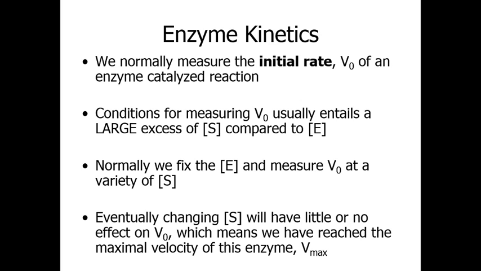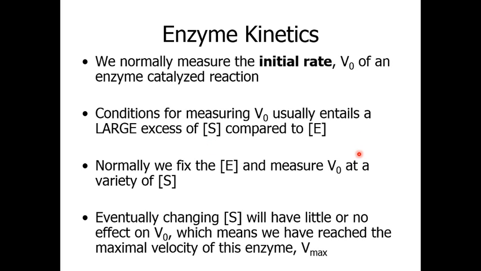All right. Now, when you perform an enzymatic reaction, when you use an enzyme and a substrate, how would you perform this reaction? And for this, we normally measure the initial rate of the reaction. The initial rate is given by V0 of an enzymatic catalyzed reaction. Conditions for measuring the initial rate usually entails a large excess of substrate compared to the enzyme.